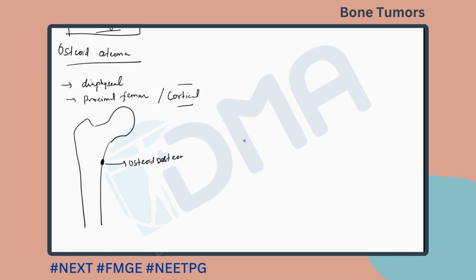If you take a CT of osteoid osteoma, you can see a central sclerotic area surrounded by a lytic area. That is called the nidus. Okay, if the nidus is greater than 2 centimeters, then the tumor is called osteoblastoma.